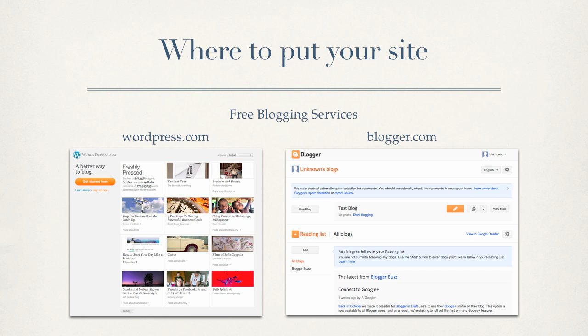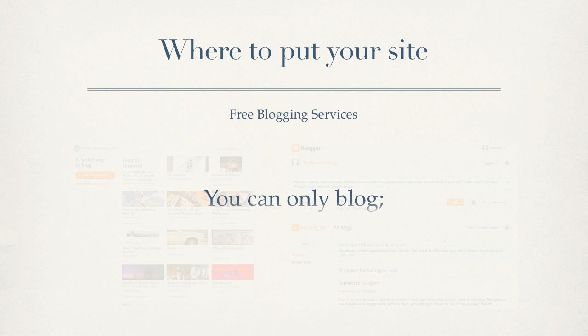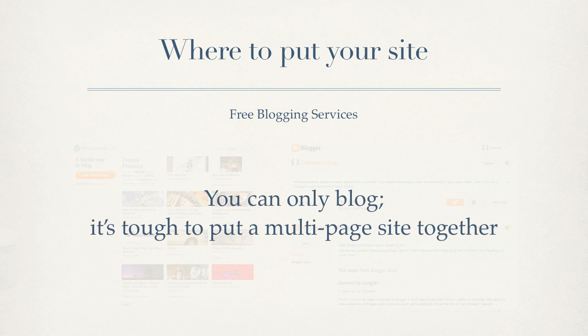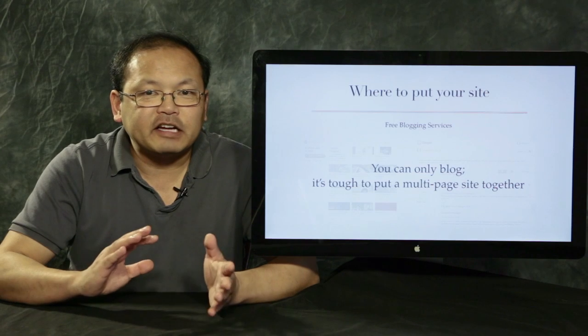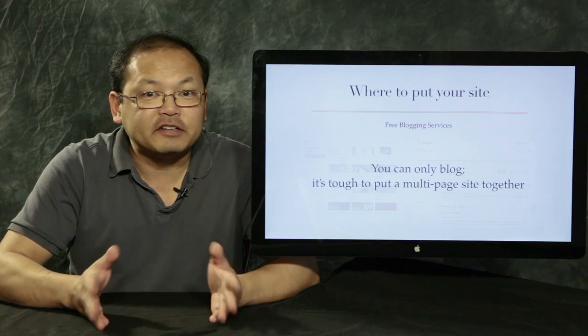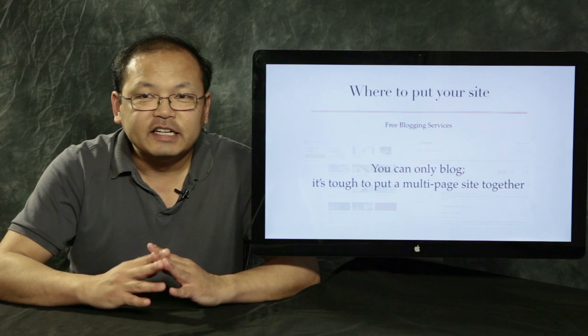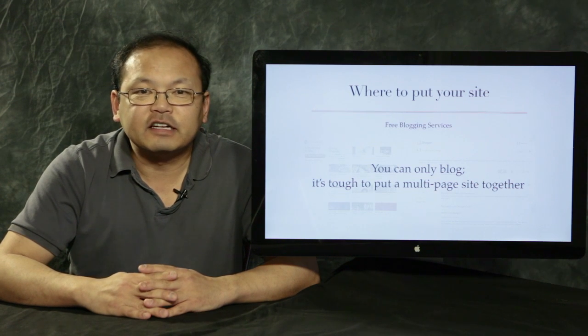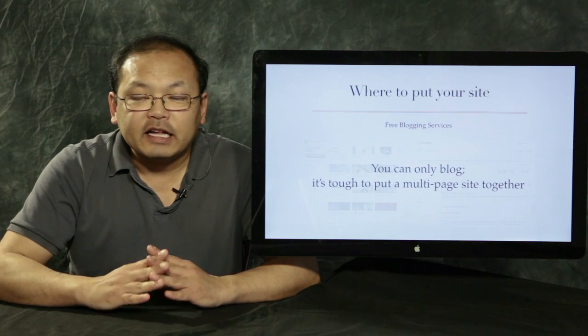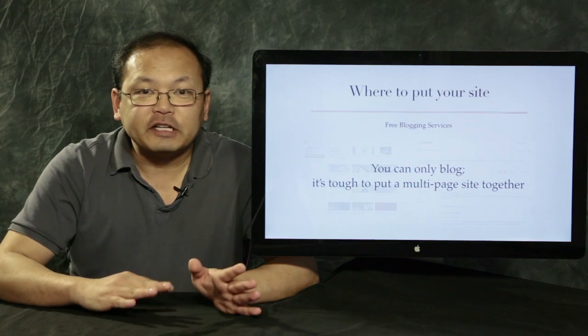Now, these are great services in that they're easy to set up, but the only thing is, really you can only blog on them. Putting together a multi-page site with an about page and a contact page and slideshows is going to be pretty tough to do there. So I'm going to treat that as not really an option.